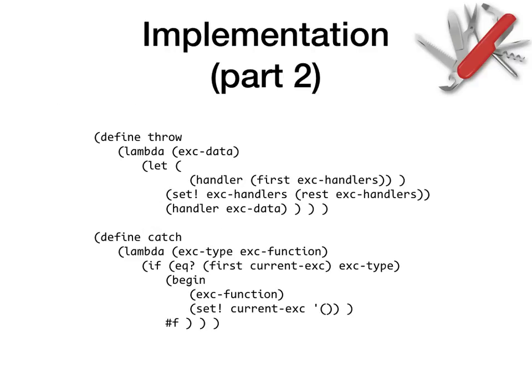And so we actually define our throw to simply grab our most recent exception handler, and then call it. And catch, all it does is it looks at the exception data and decides if our exception data matches the kind of thing that we're looking for.